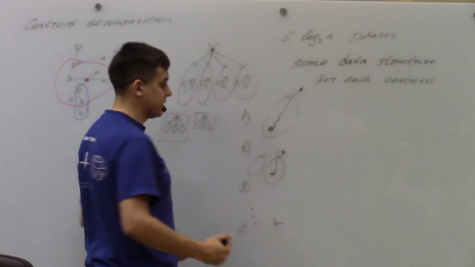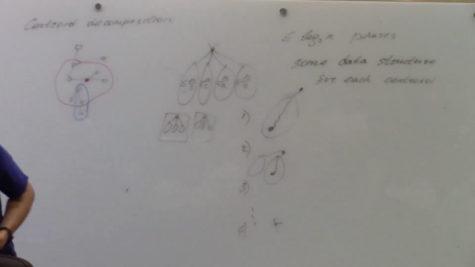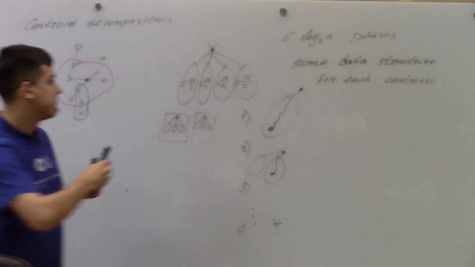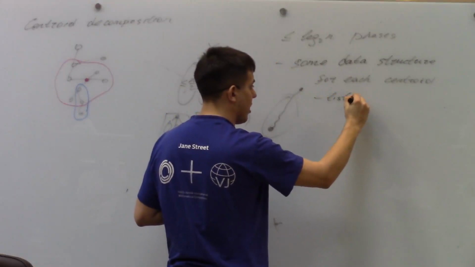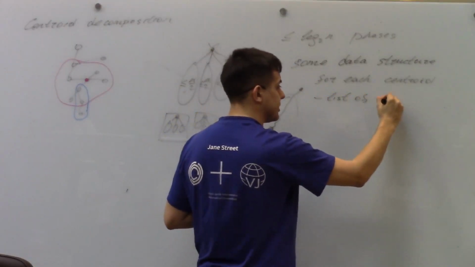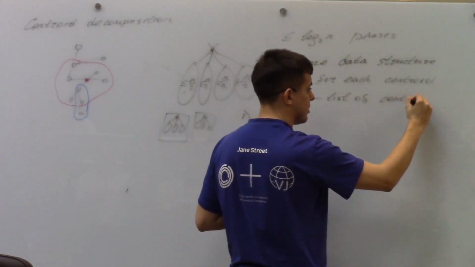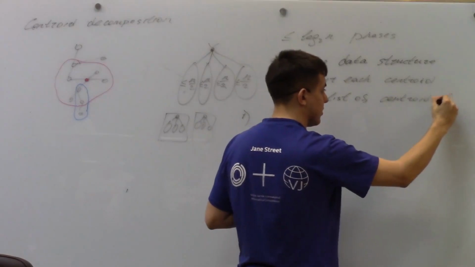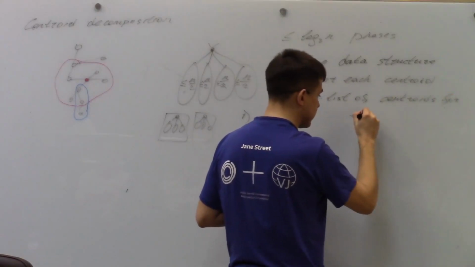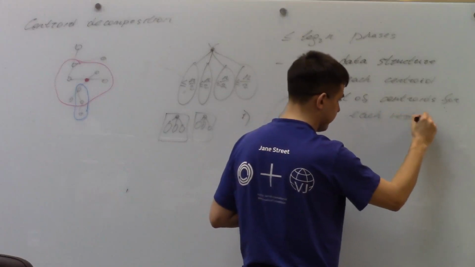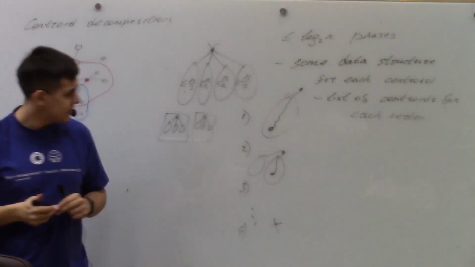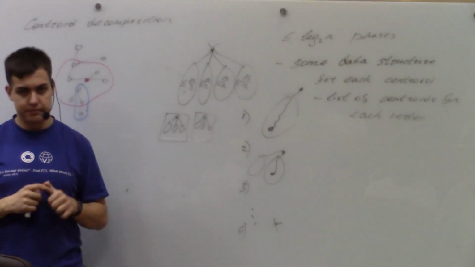Then it got removed. So a list of centroids for each vertex will be enough to solve this problem.